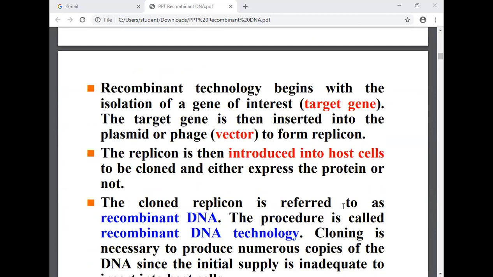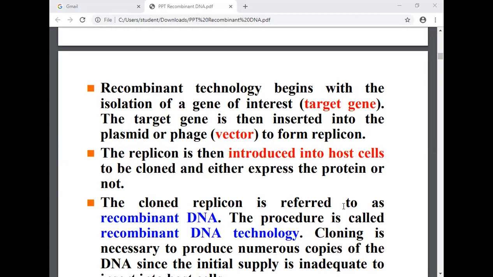Okay, recombinant DNA technology begins, as we have discussed earlier, with the restriction endonuclease enzymes. What those enzymes do is select a gene of interest. A gene of interest or target gene means the desired segment which encodes some specific information in the form of a protein, right?